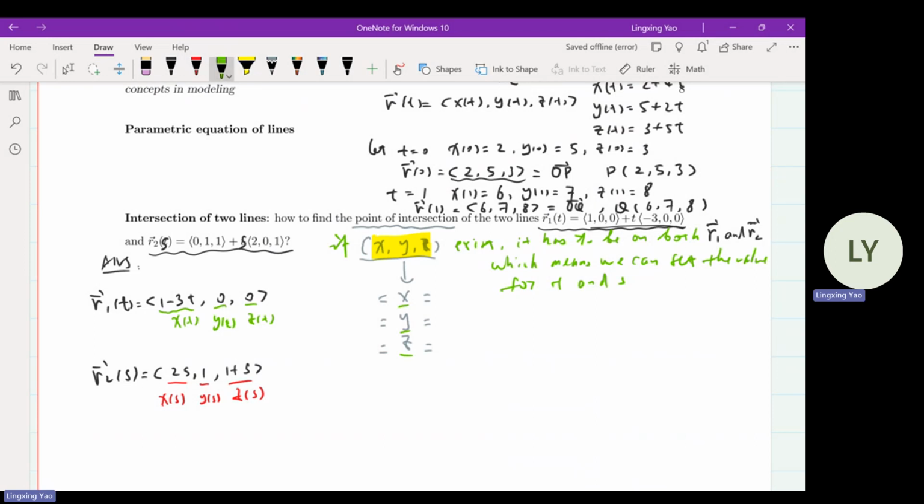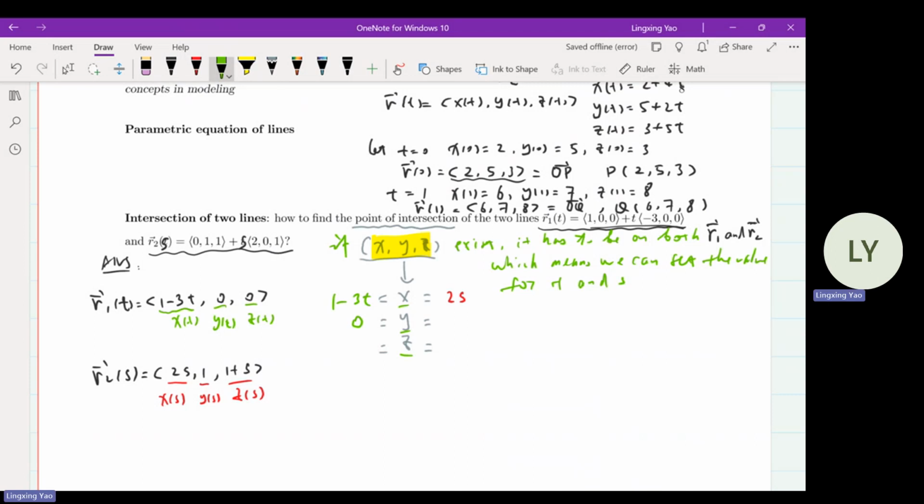Okay, so what is R1 of t? It is 1 minus 3t. Okay, what is the R2 of s? Well, it is 2s, I think. Okay, and then for the y value, we want to find the y of t, which is 0.